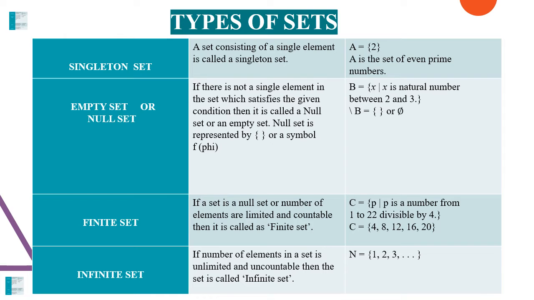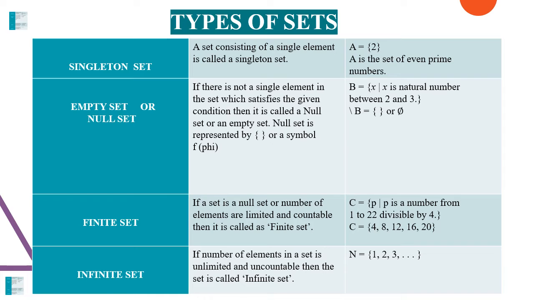So, example given here, C is equal to P such that P is a number from 1 to 22 divisible by 4. So, we have answer as C is equal to 4, 8, 12, 16 and 20. So, it is a fixed number of elements, correct? Therefore, it is a finite set.